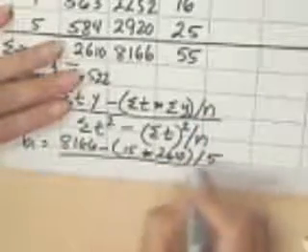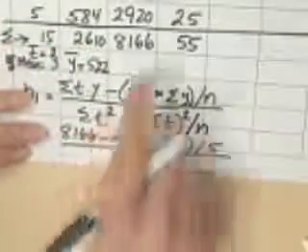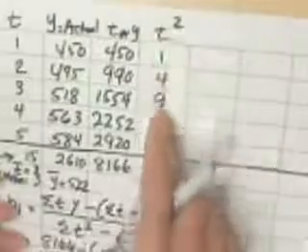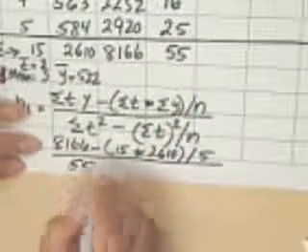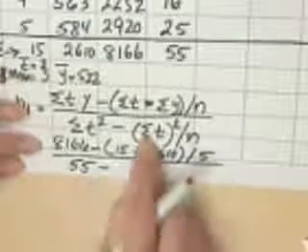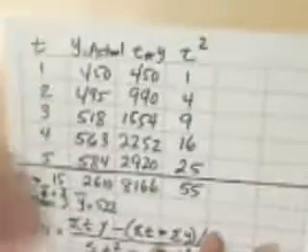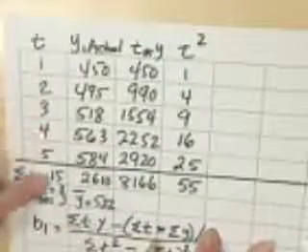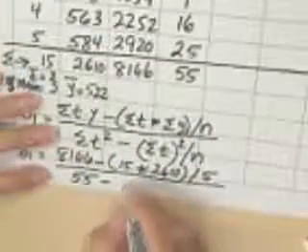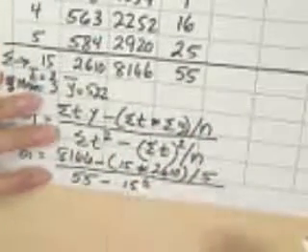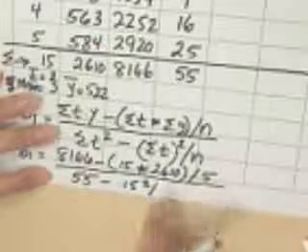That's our numerator, and we divide that by summation of the T squared column. Here's the T squared column right there, and the summation for it is 55. So we put 55 minus the summation of the T column squared. So here's the T column. 15 is its summation. 15 squared is what we're looking for. So 15 squared divided by n.